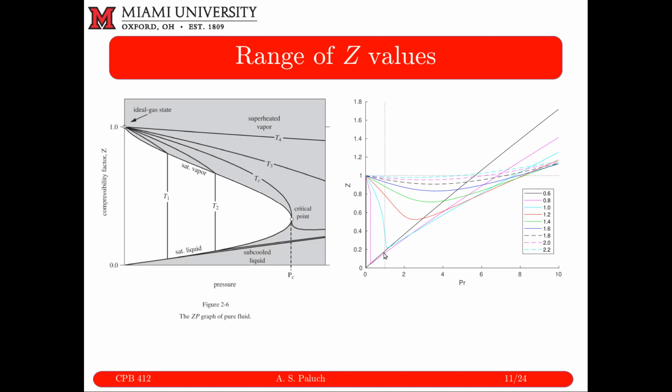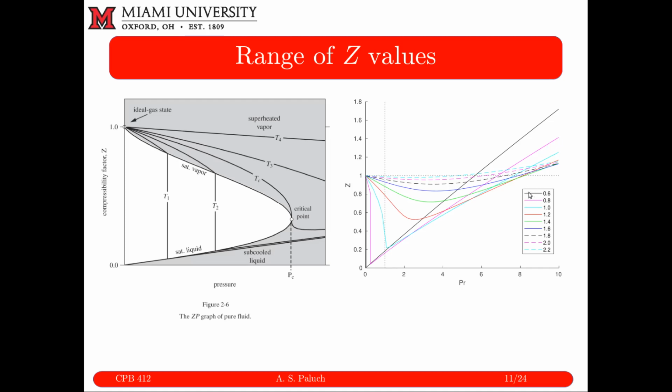So I'm looking at reduced pressures all the way up to 10, up to 10 times larger than my critical pressure. If I look at this isotherm at a reduced temperature of 0.8, near coexistence we said we're bound between 0 and 1. But if I continue to increase the pressure, my compressibility continues to increase and can actually take on values greater than 1.